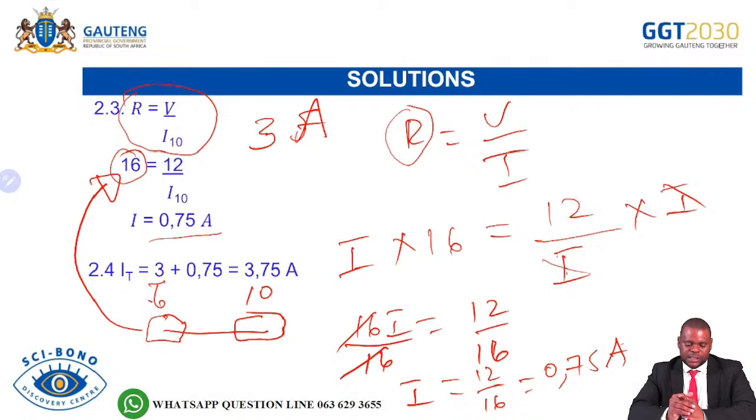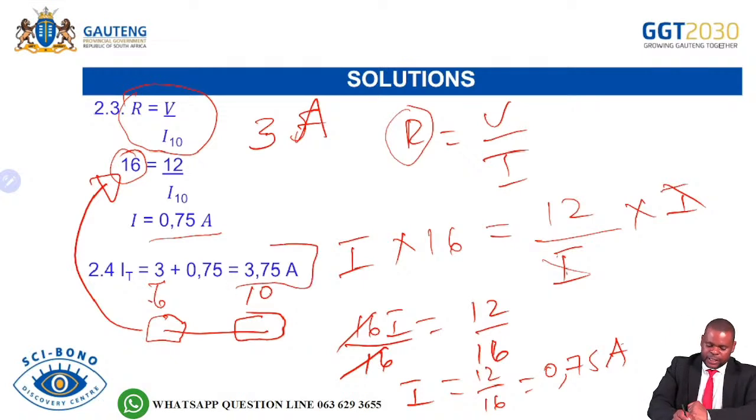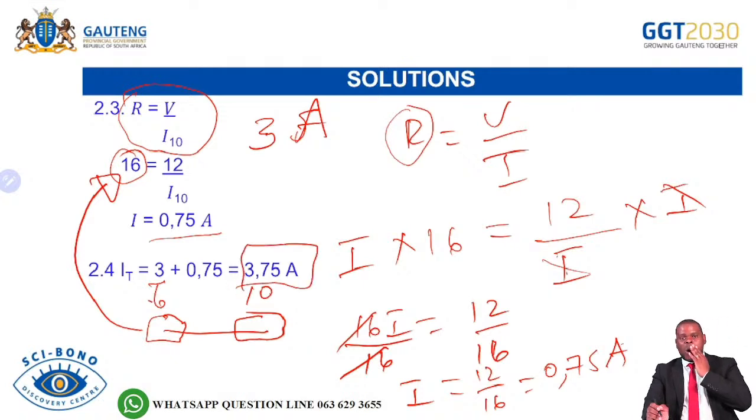Then we get I total, which is 3 plus 0.75, which gives us 3.75. There is nothing wrong with the answer that we have. Are we together, grade 12? Yes.